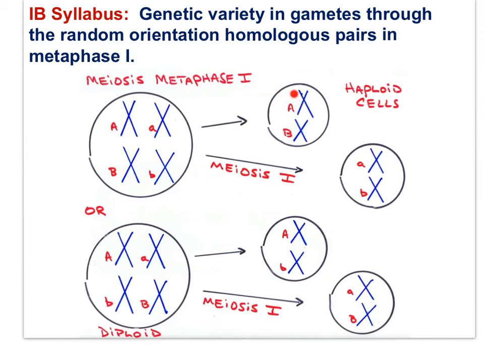Allele capital A can be with allele capital B, or allele capital A can be with lowercase b, etc. And remember, in humans, 23 pairs are aligned during metaphase I, each pair randomly in one orientation or the other. When millions and millions of gametes are produced, the number of different gametes from independent assortment alone is more than 10 million, 2 to the 23rd power.